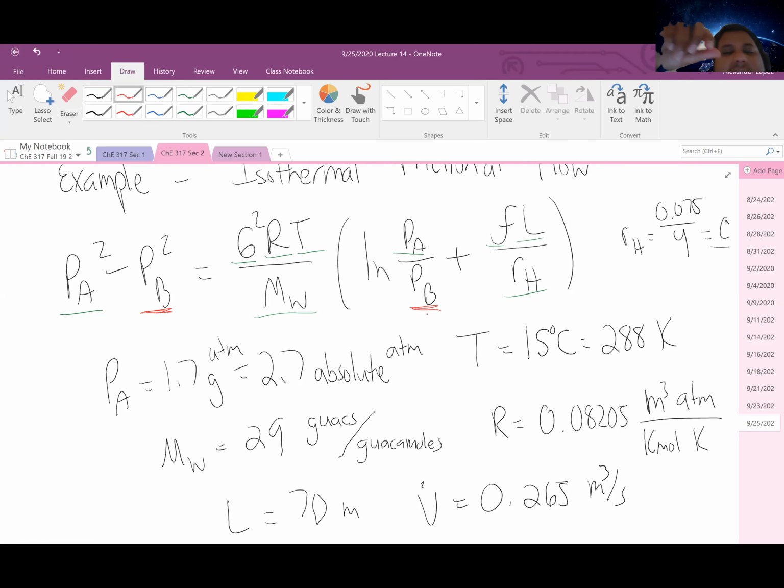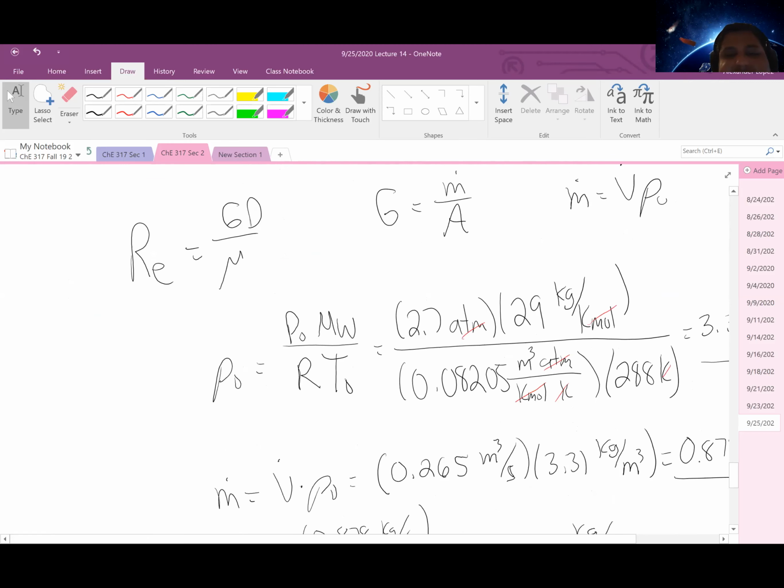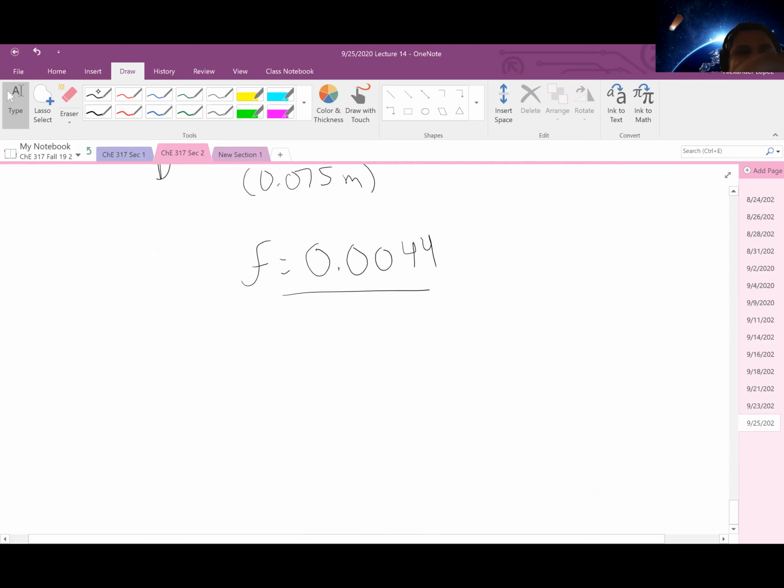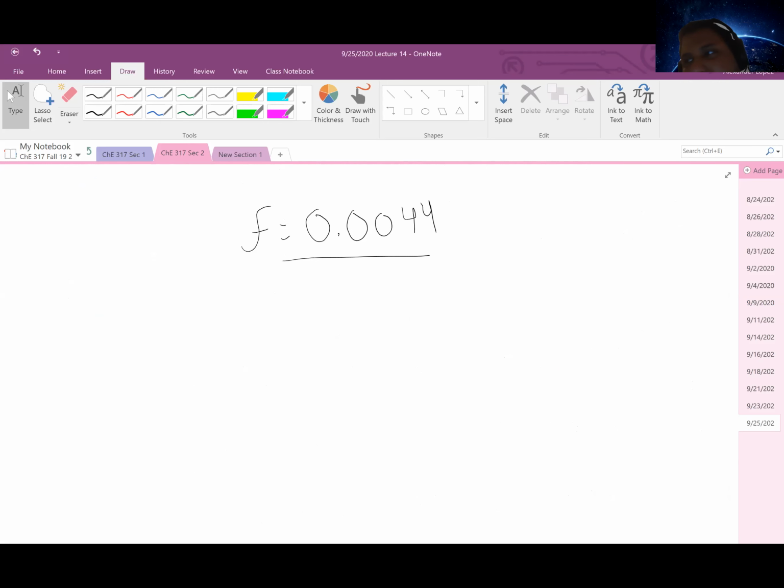So what I recommend when looking at this equation, because you're going to use it a couple times for your homework, is typically what I usually do in these situations. Oh, I got a chat question, hold on. I would set this equal to some value.